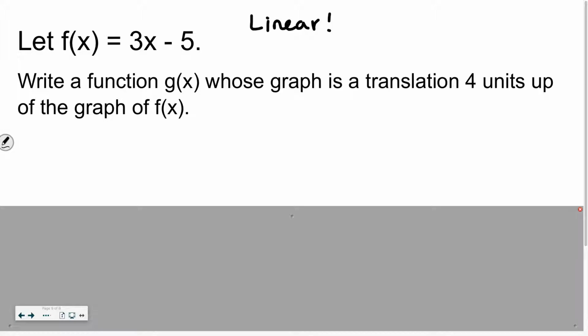Well, if you want to move up or down, you want to add 4 to x or y. Y, which is just a fancy way to write y, is f of x. So we would be saying that g of x is our old function f of x plus 4. That's in just function notation.